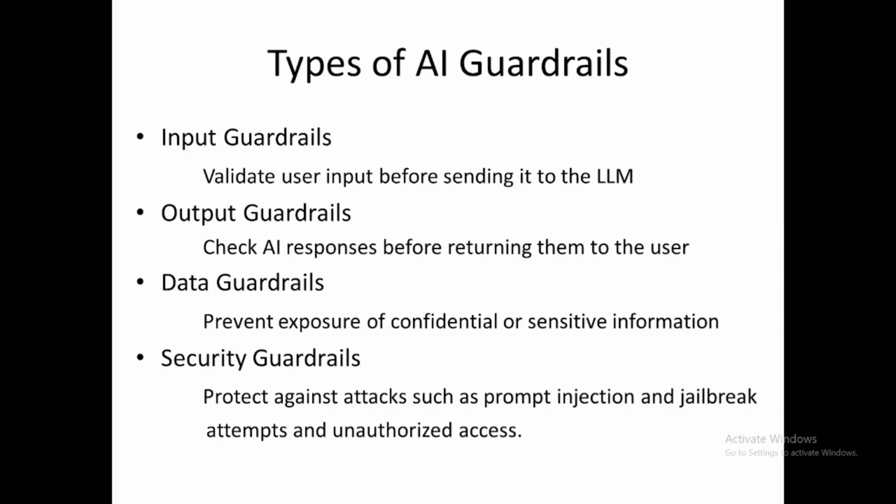Output guardrails, which check AI responses before returning them to the user. Data guardrails, which prevent exposure of confidential or sensitive information. Security guardrails, which protect against attacks such as prompt injection or jailbreak attempts and unauthorized access.